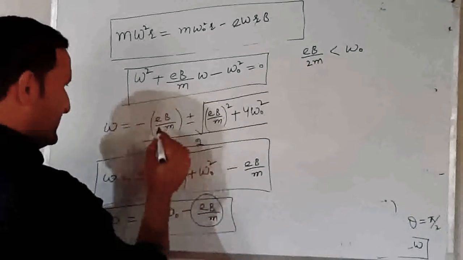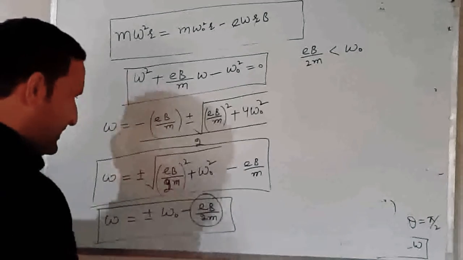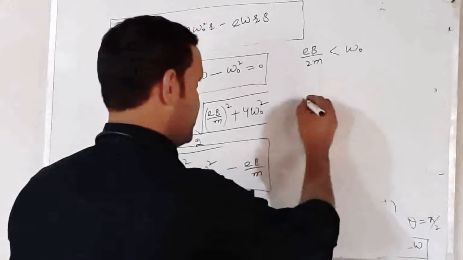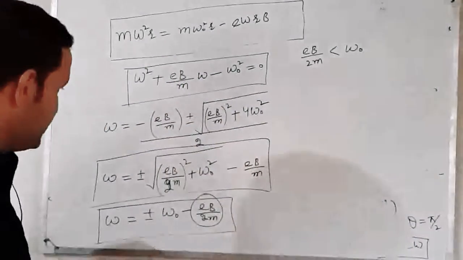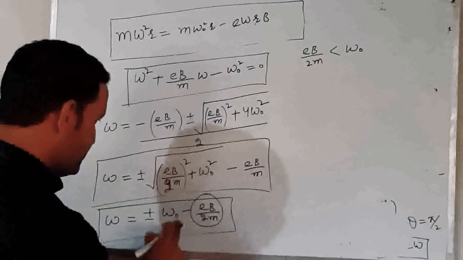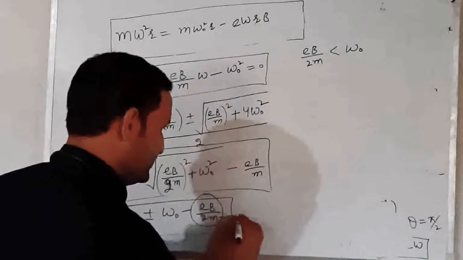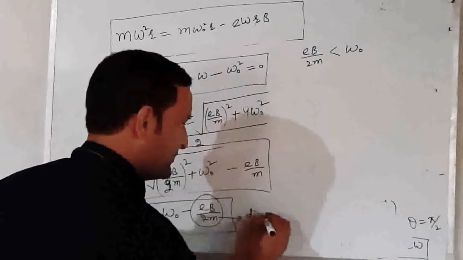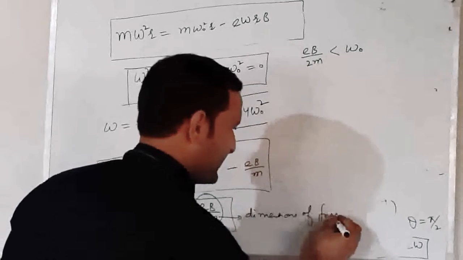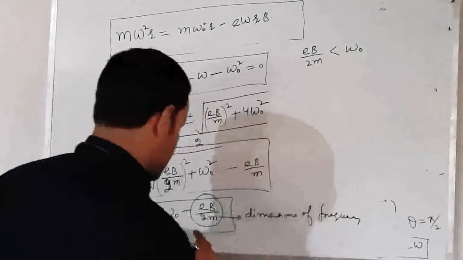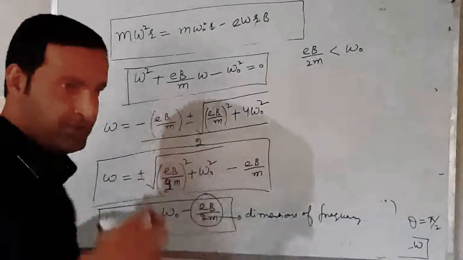This is the change in frequency, and the frequency becomes omega naught minus this term. eB upon 2m also has the dimensions of frequency. So there is a change in frequency, omega naught minus this frequency.